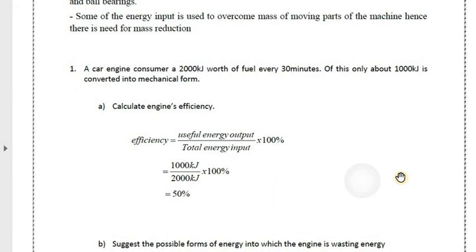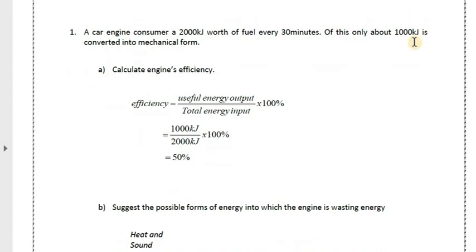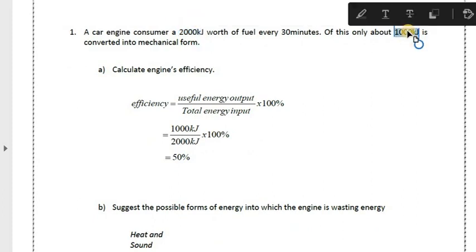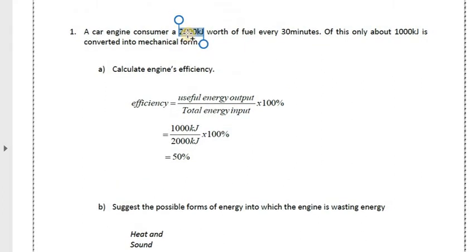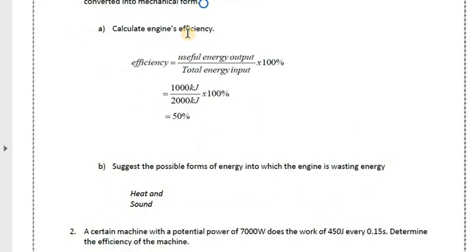To calculate the engine's efficiency, you say useful energy output divided by total energy input. The energy output is 1,000 kilojoules, divided by the energy input, which was 2,000 kilojoules. That would be 0.5, or 1 over 2.